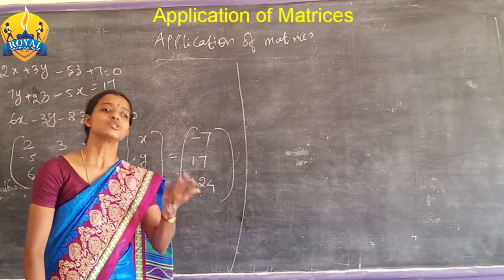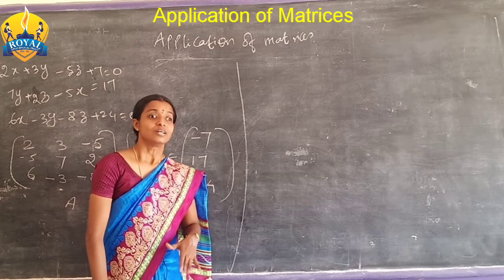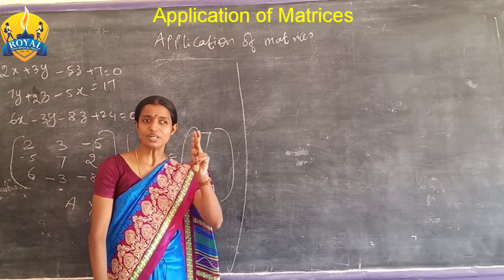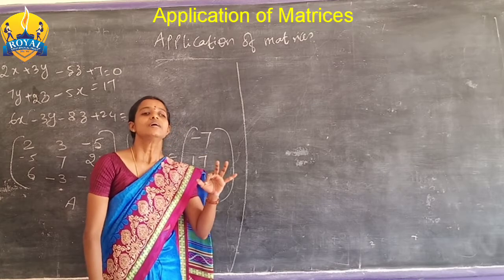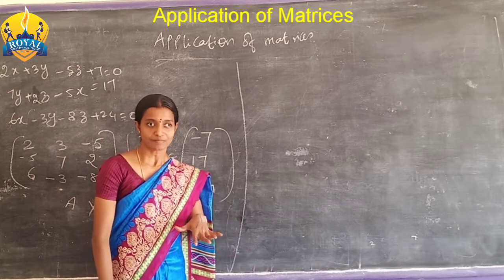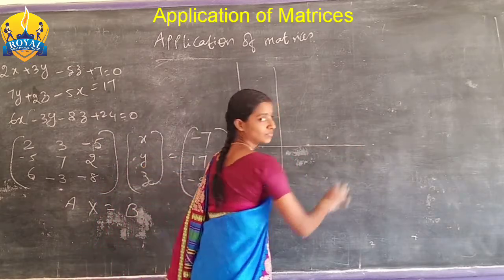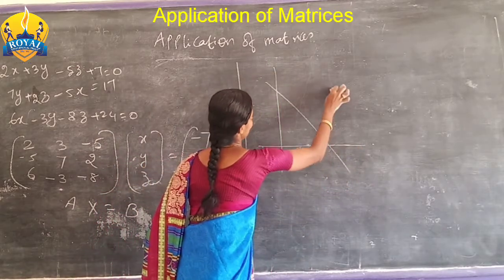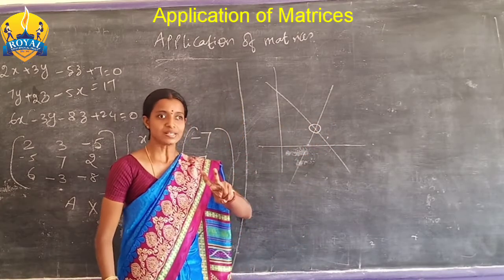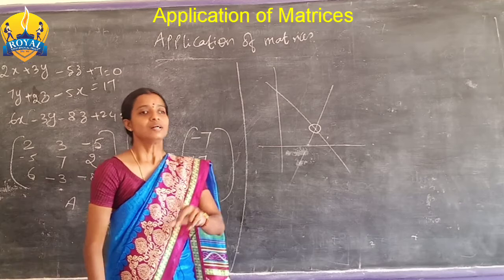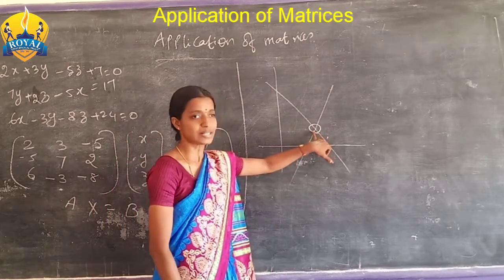What are the different kinds of solutions we have? You have already learned in 10th standard by drawing graphs. When you have two linear equations, you draw graphs for both the linear equations and you may get a solution or you may not. Suppose two lines, two linear equations having two variables, intersect at a point.